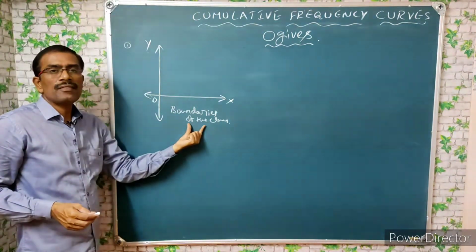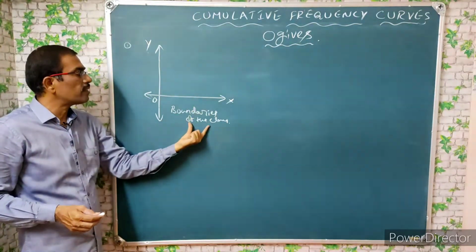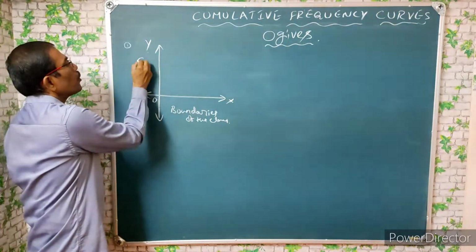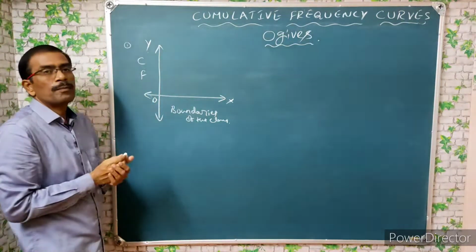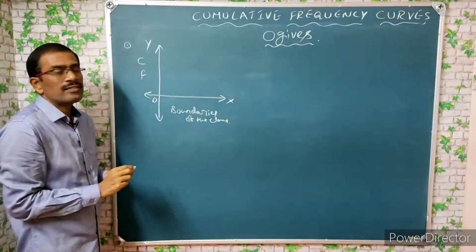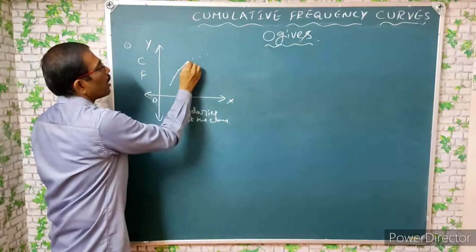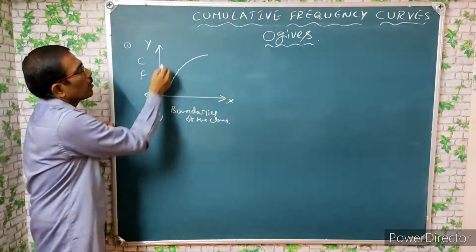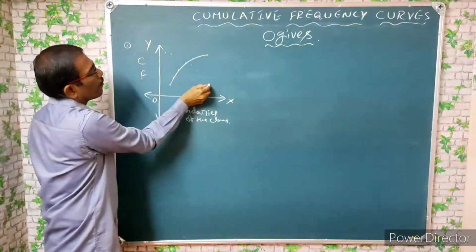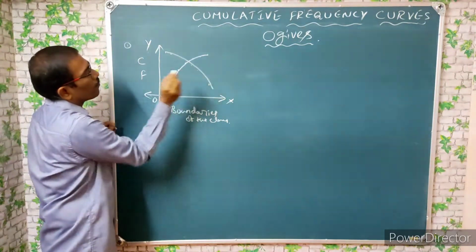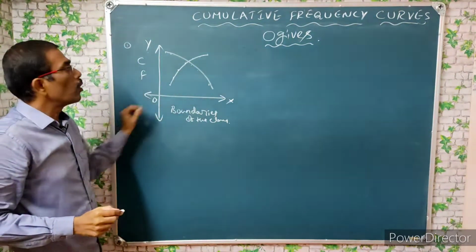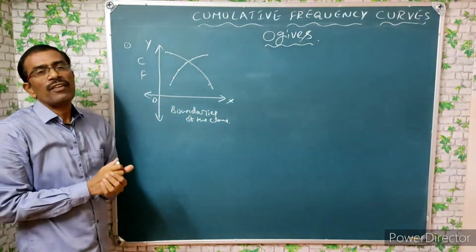If the boundaries of the classes are taken on the x-axis and the corresponding cumulative frequencies are taken on the y-axis and the points are joined by a smooth curve, then we get ogives or cumulative frequency curves.